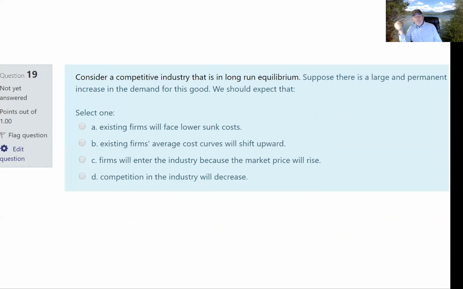Number 19. Consider a competitive industry that is in long-run equilibrium. Now you should ask, long-run equilibrium in a competitive industry, what does that mean? What is a competitive industry? It's an industry where we have lots of firms where each is small relative to the total.